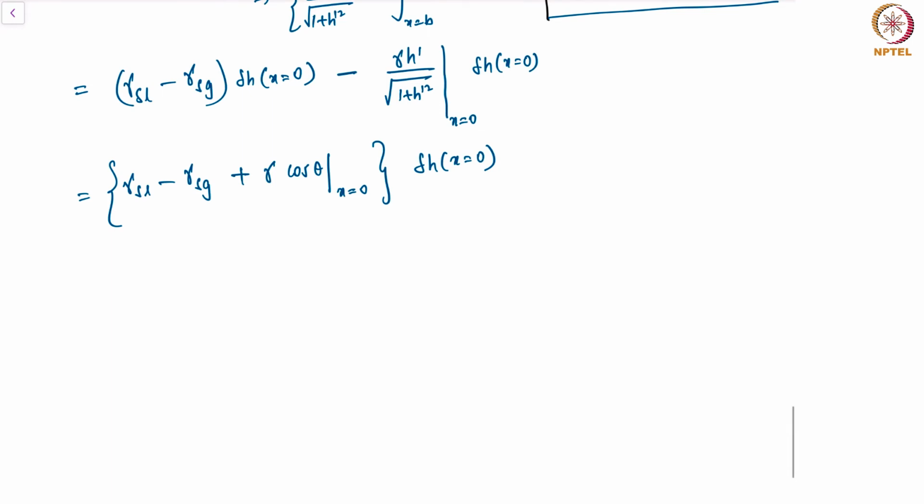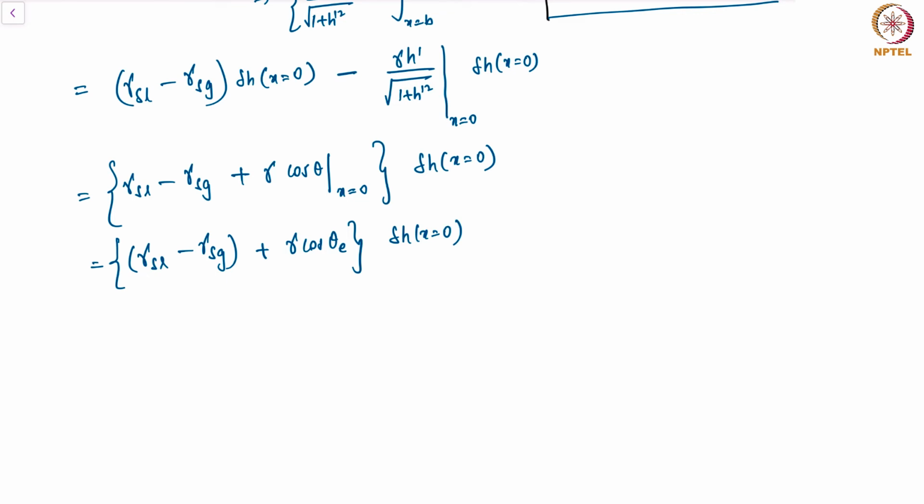Okay. So we'll further write it as gamma SL minus gamma SG plus gamma cos theta E. Theta E is the angle that the interface makes with the wall. That's the contact angle. This times delta H at x equal to 0.